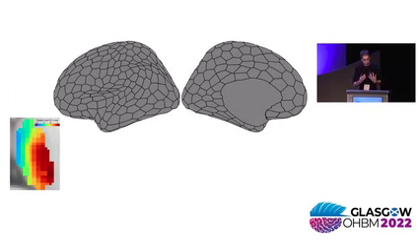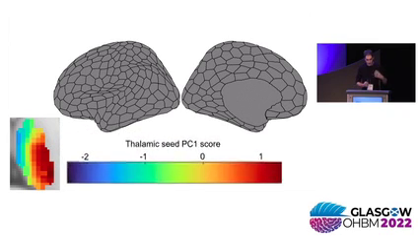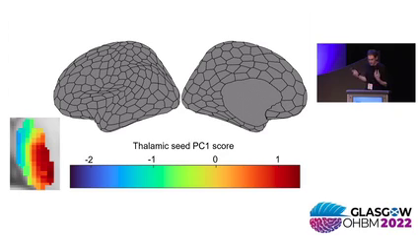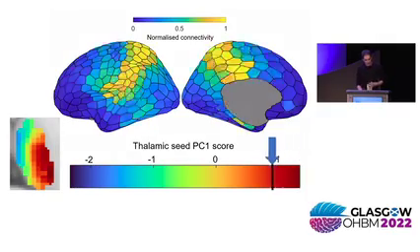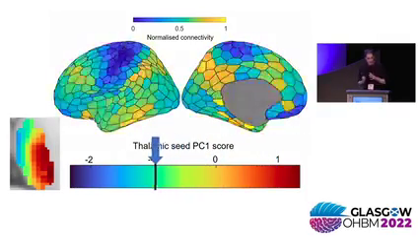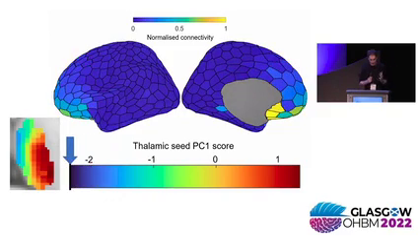Finally, we wanted to look at cortical projections from this thalamocortical gradient. The first way we can do this is to plot the connectivity pattern from the seed with the highest score through to the lowest. When we do this, we see that the pattern of cortical connectivity moves from posterior sensory regions towards more frontal anterior ones.